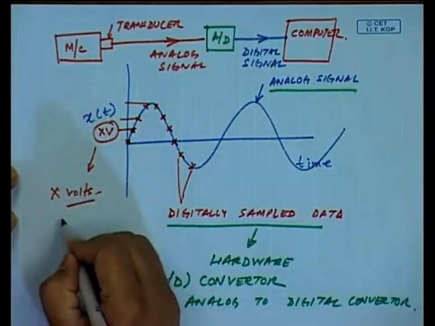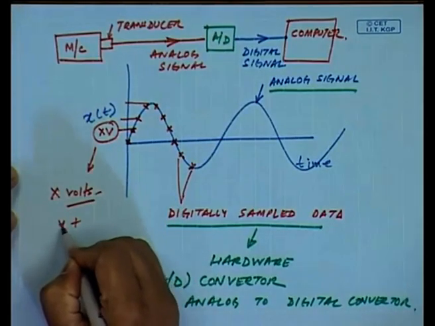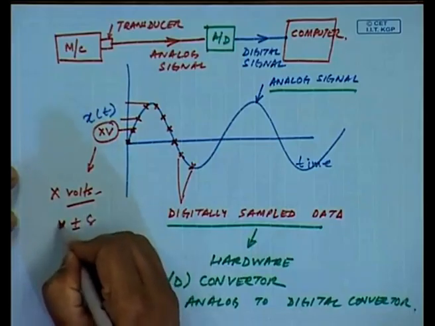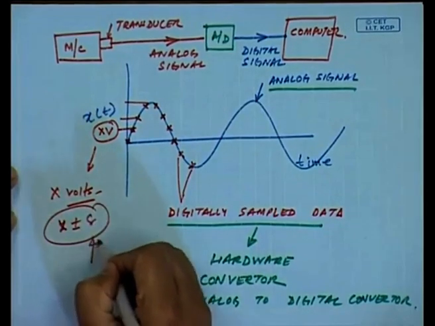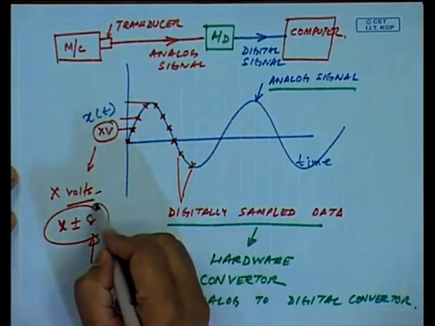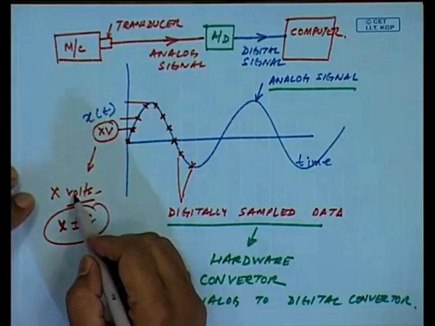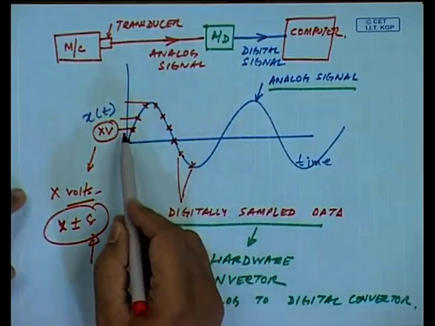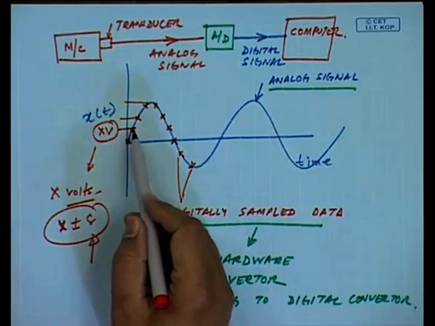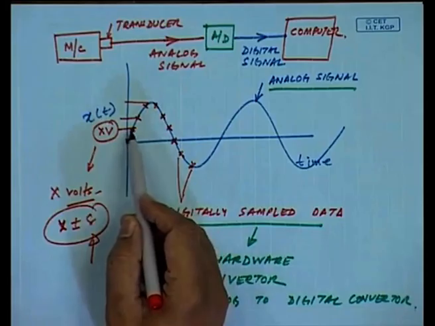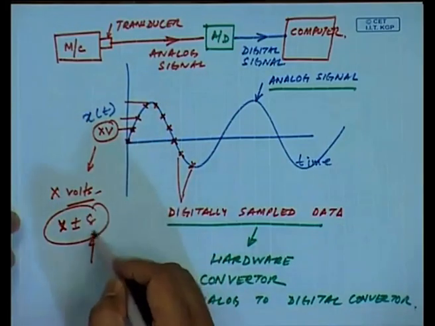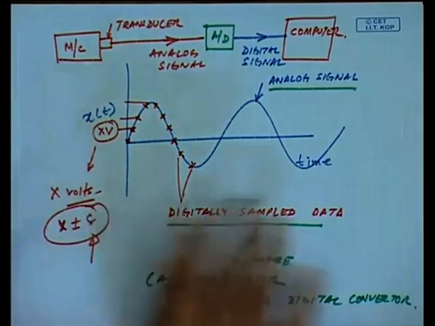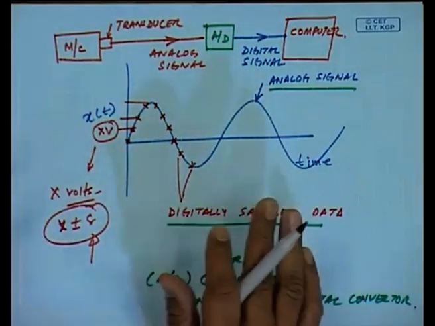It should not be x plus or minus some delta. Otherwise, this is the error in the amplitude estimation. It should be almost equal to x, but you will see there are limitations: I will never be equal to the amplitude of the real analog signal, unless I do something, and that is what we are going to discuss primarily in this A to D converter.